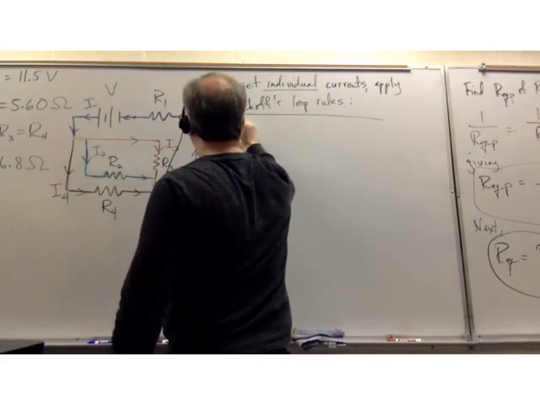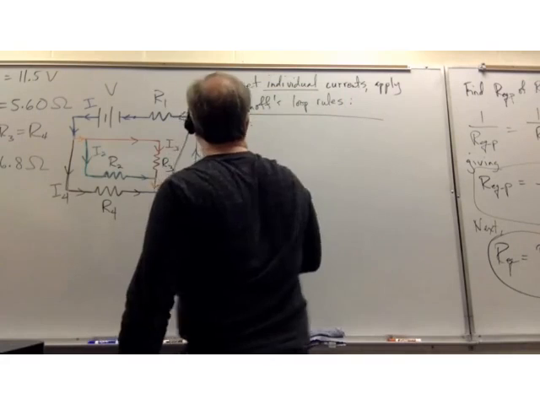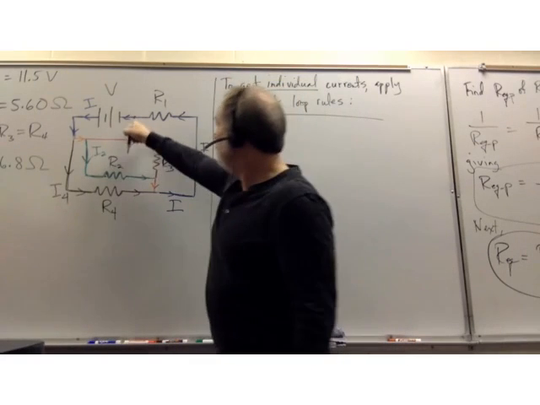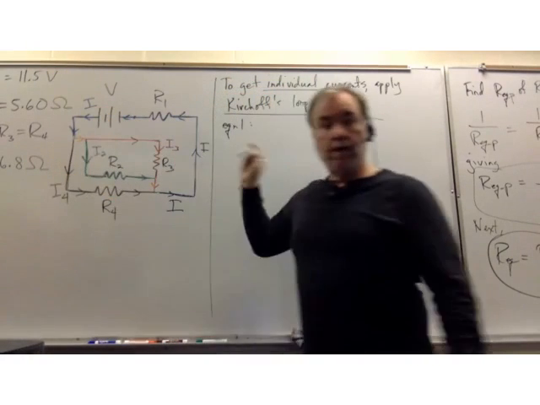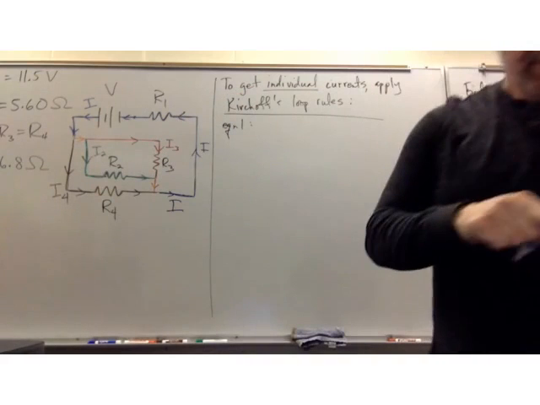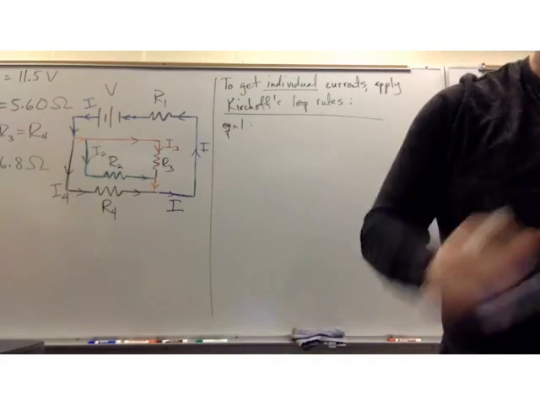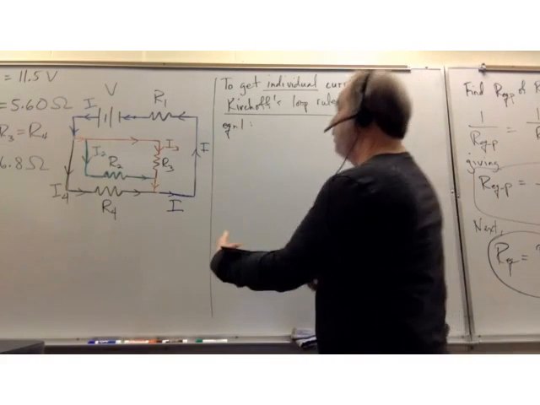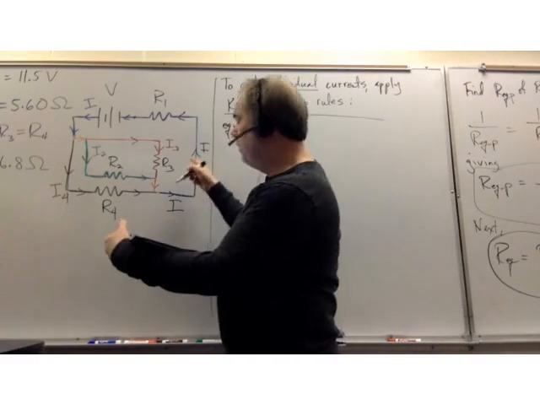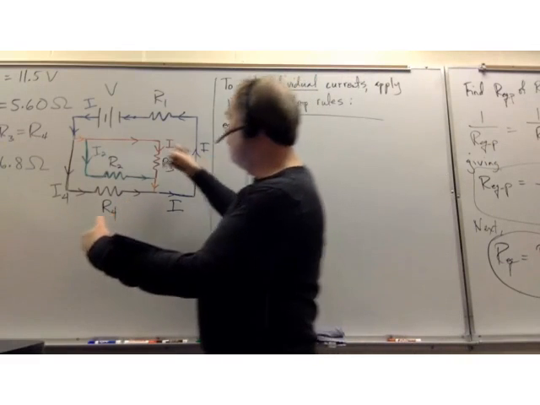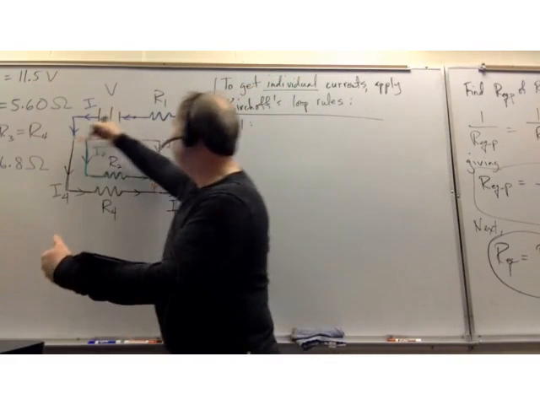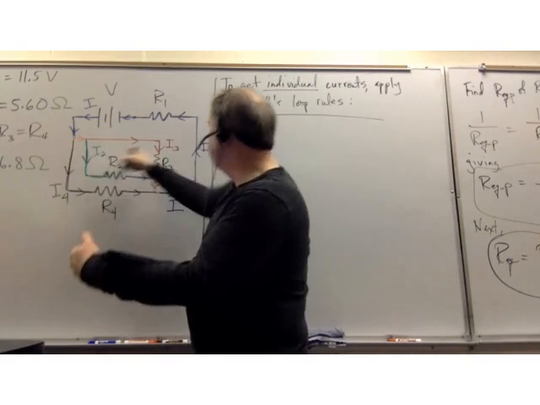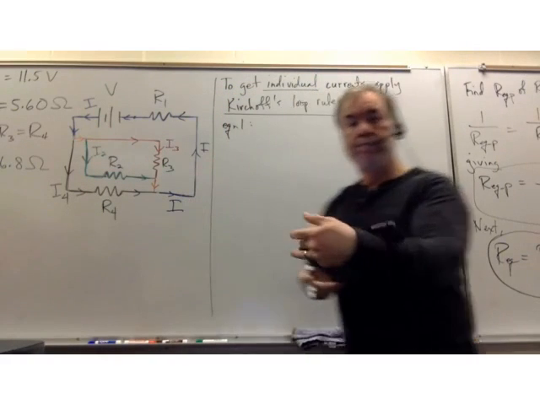So our first equation, we're going to start here and go counterclockwise around the various loops. Okay, so I'm going to just write the equations down in numeric order. We're going to go current I, and then I'm going to do I2, then I3, then I4.